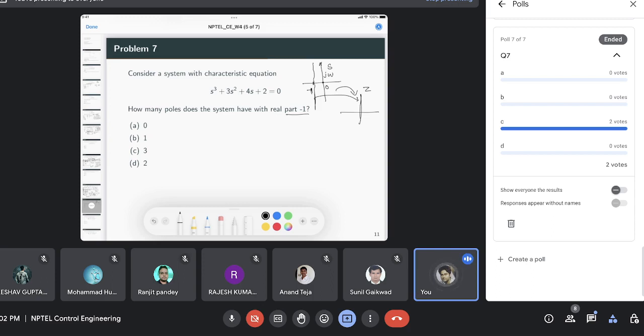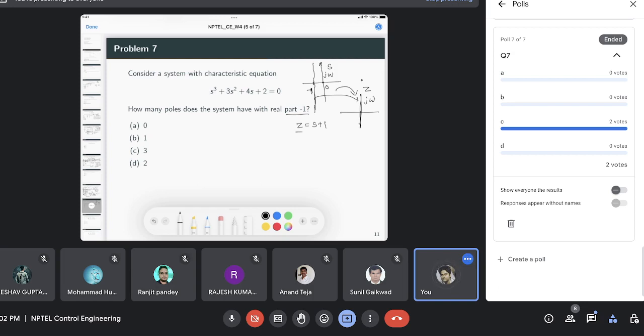Then for this z plane equation, if you analyze the imaginary axis, it will correspond to the real part -1 in the S plane. So let's define it. You want this -1 line to be the 0 line there. So you take z equal to s plus 1. Whenever s equals -1, you see that z equals 0.